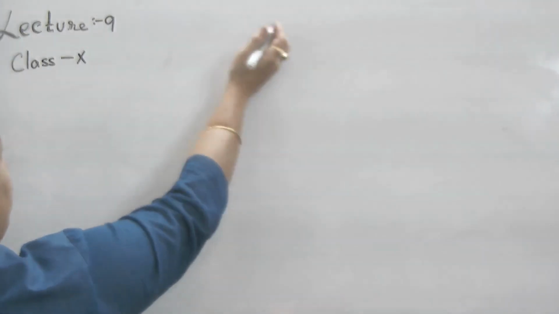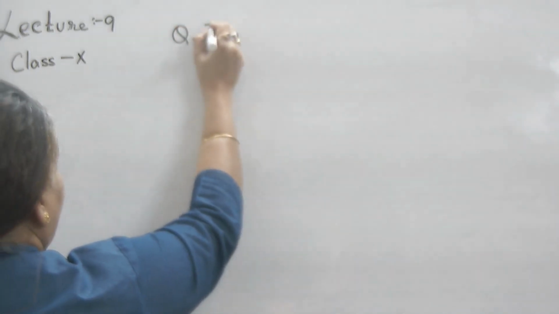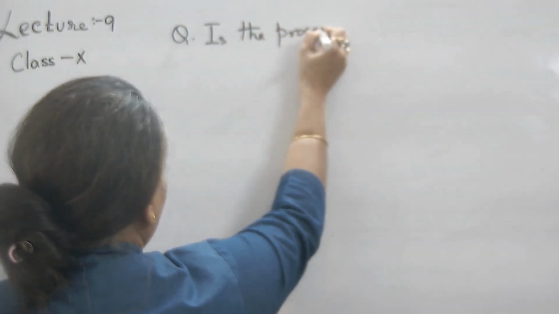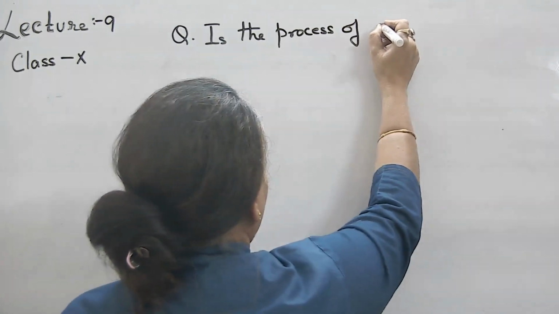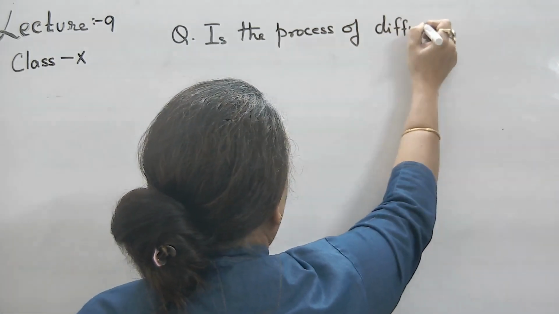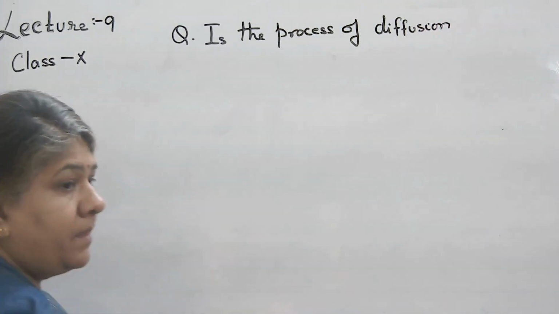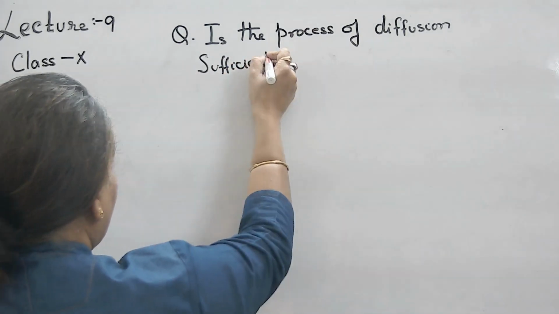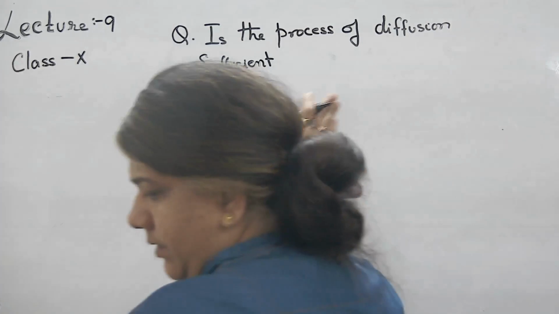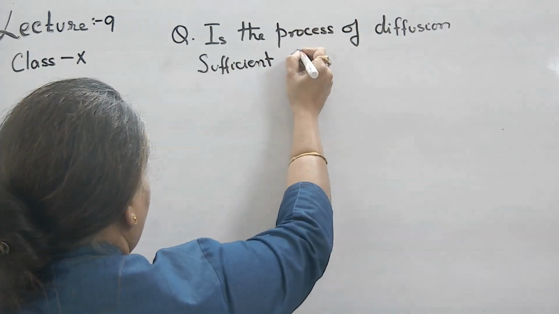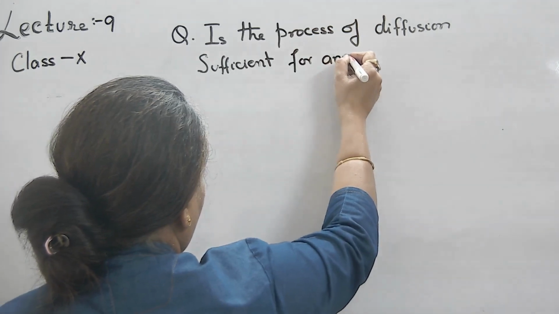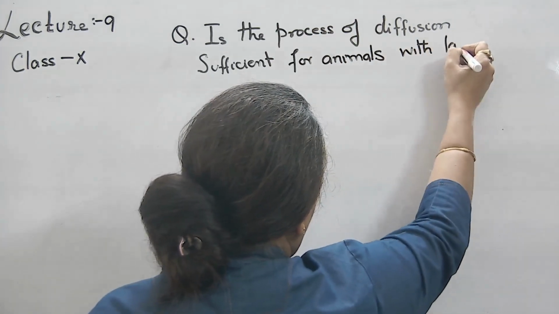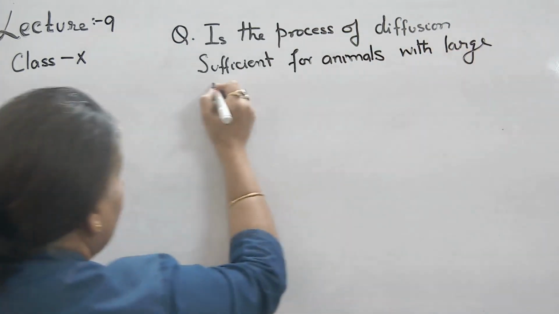So you may write down the question first. Is the process of diffusion sufficient for animals with large body?